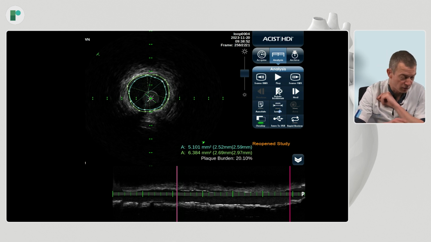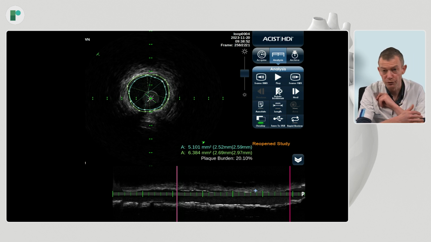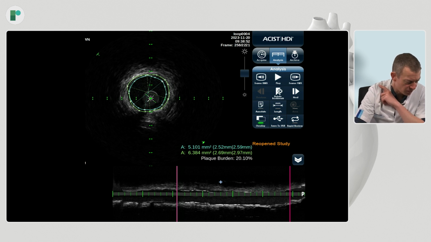But for now, with two simple contours, you will get your plaque burden. And obviously in this specific example, no need to measure. But if you have plaque, it is useful to measure, because you typically underestimate with eyeballing, and if you have 50 to 60%, consider the fact that this patient is at a significantly increased risk of stent failure. Well, not in this case, so we continue.